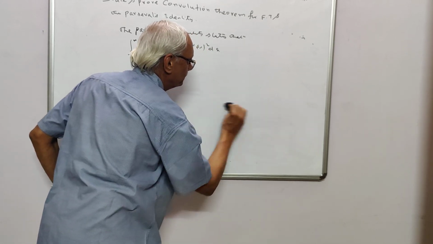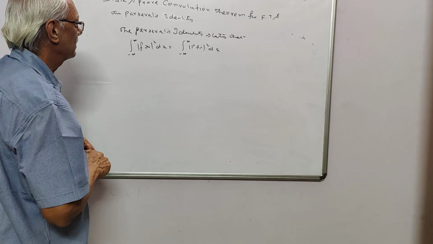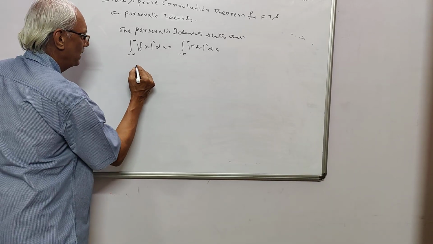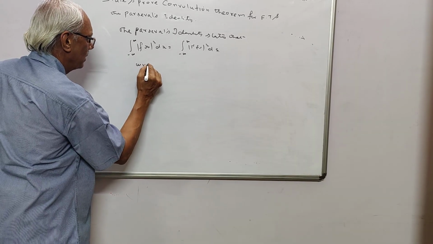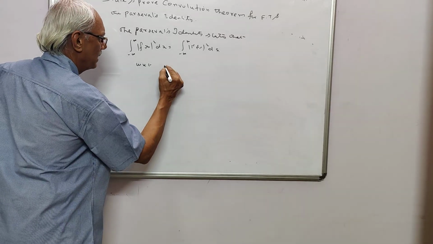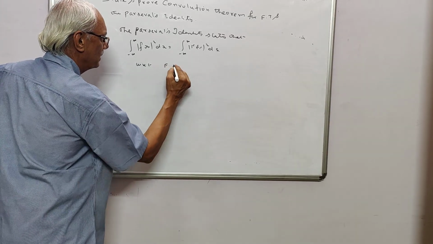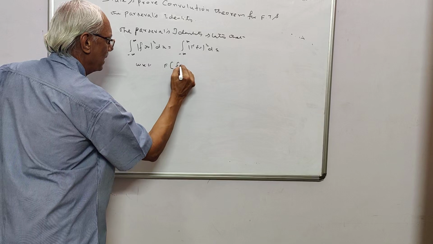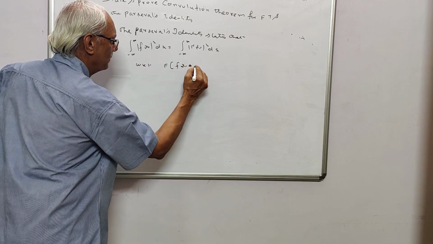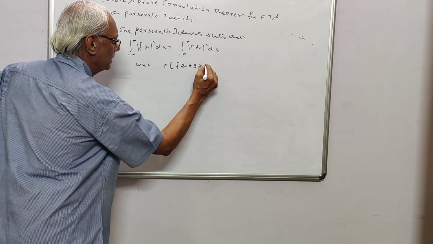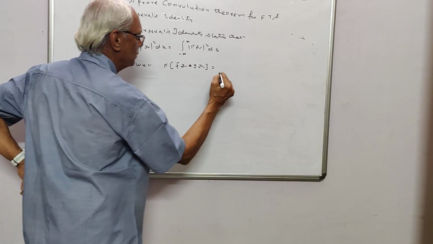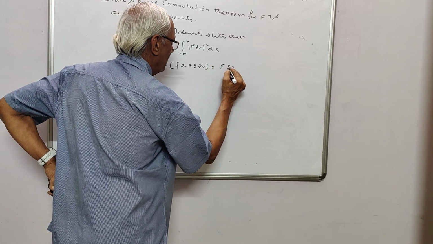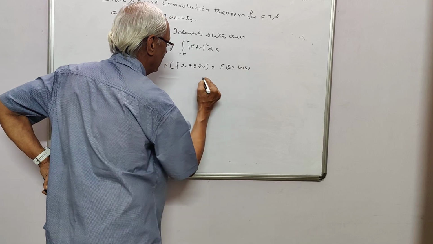See, I'll write here. We know that the Fourier transform of f of x convolution g of x is equal to F of s into G of s.